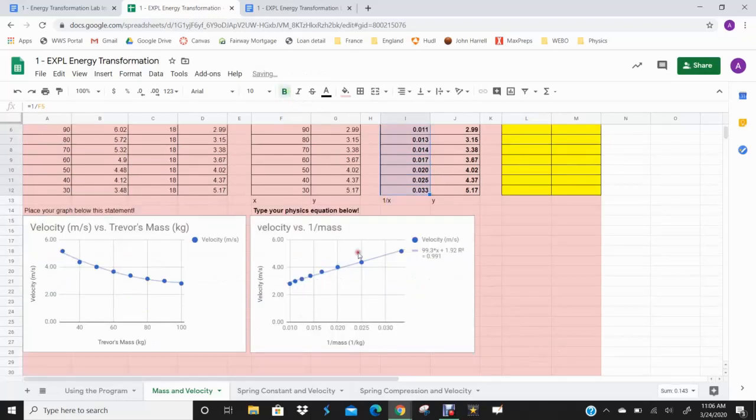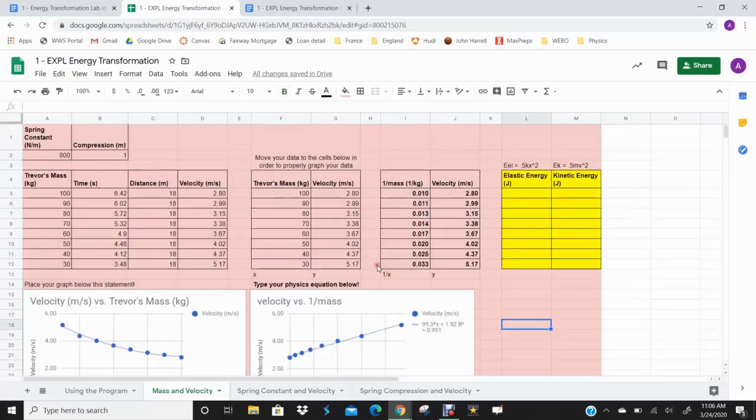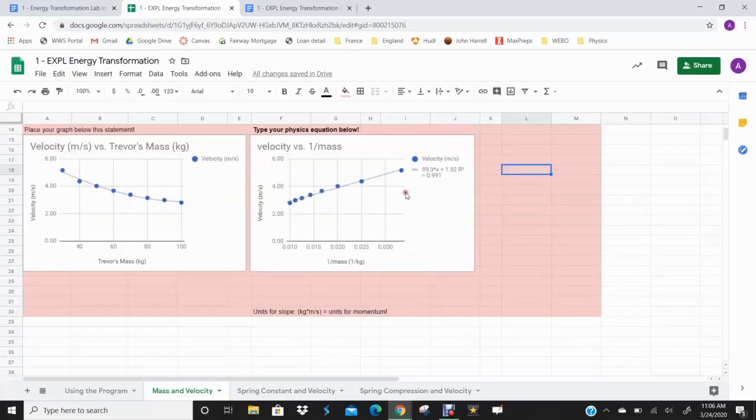So it comes out to be a nice straight line. We've got a 0.99 r squared value right here. This is our equation for the graph. The slope is 99.3 times x plus the y-intercept of 1.92. That's because we didn't start at 0, 0. But there's our linear graph.